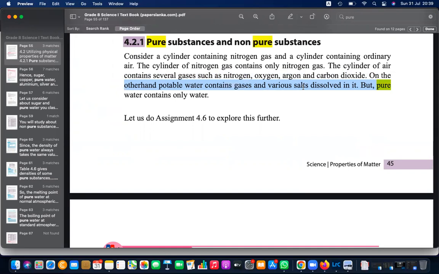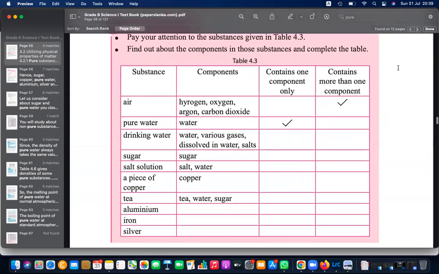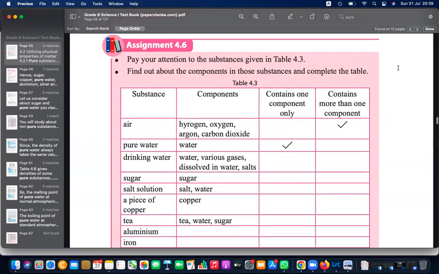There are some gases and some salt dissolved in it, so we cannot call that pure water. But distilled water or pure water is only water, so it can be called a pure substance. How can we identify a pure substance? Because the melting point and boiling point are fixed. When it is non-pure, these are changing.